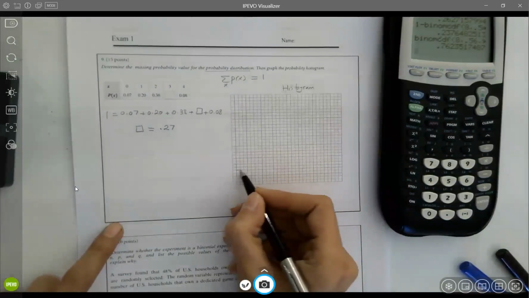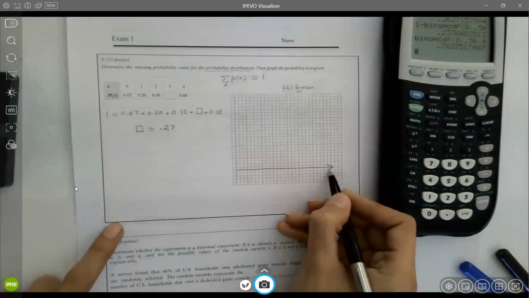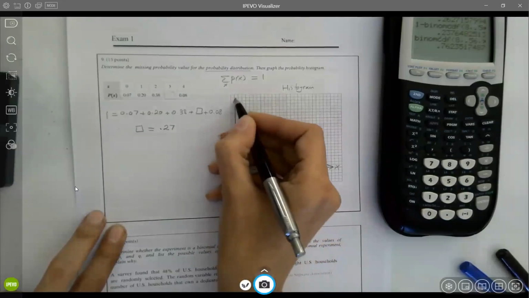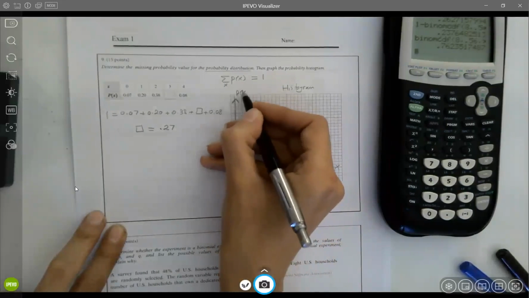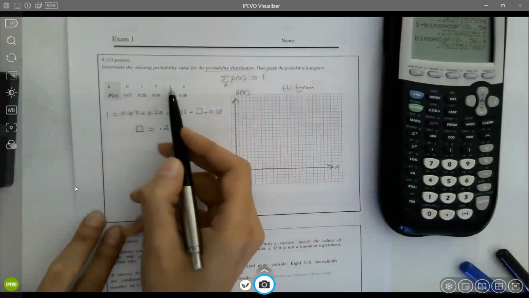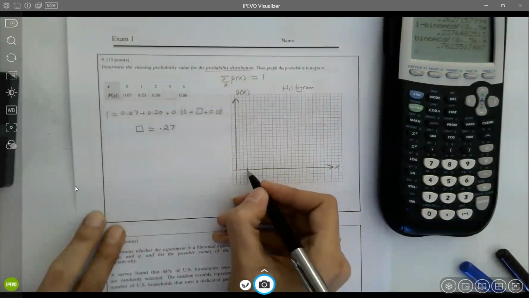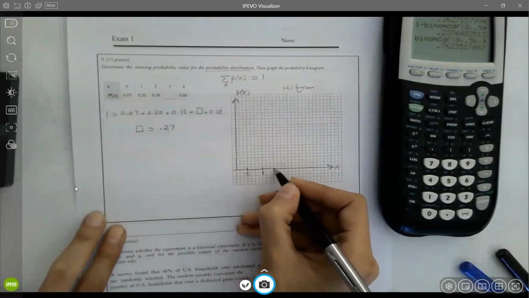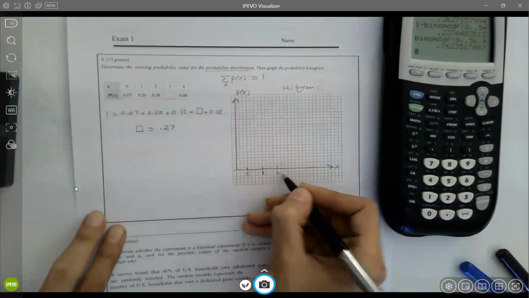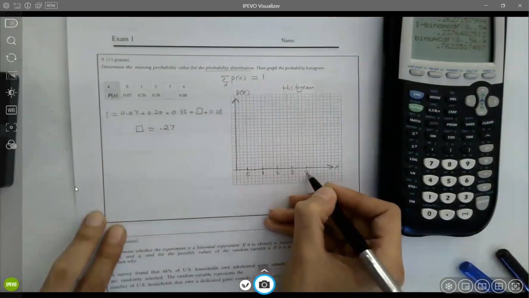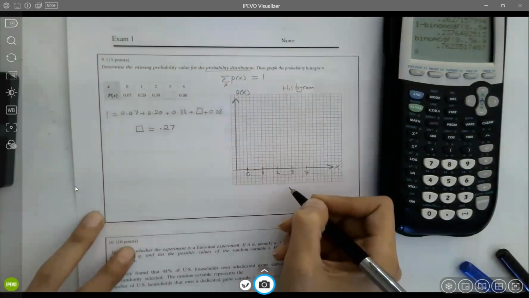Suppose this is your x, and here you have your y, which is your P of x. x is 0, 1, 2, 3, 4. These are the representatives of each bar. Just scaling this, I want to have a nice and beautiful graph.